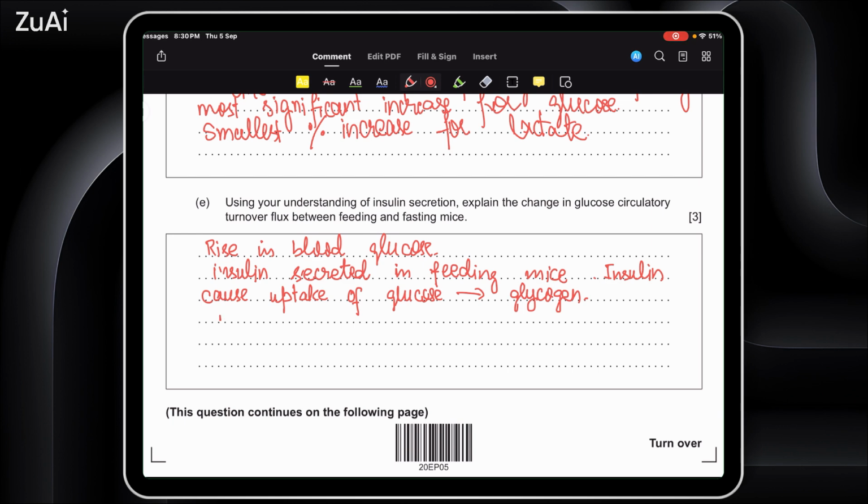So we can say that this flux increases because glucose metabolizes faster. That's the answer.